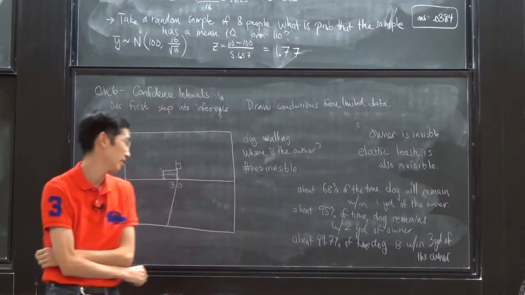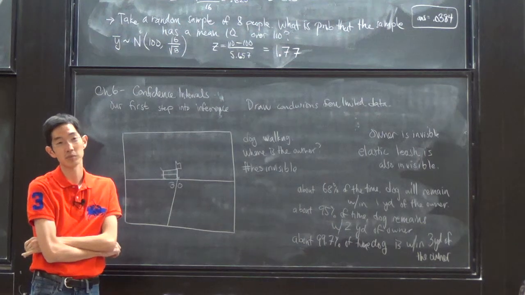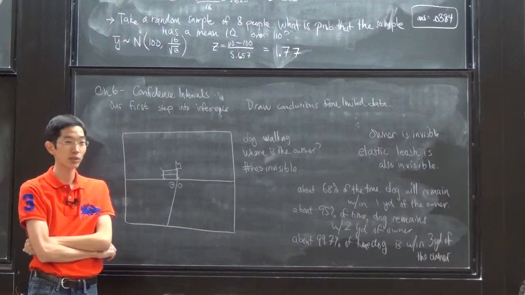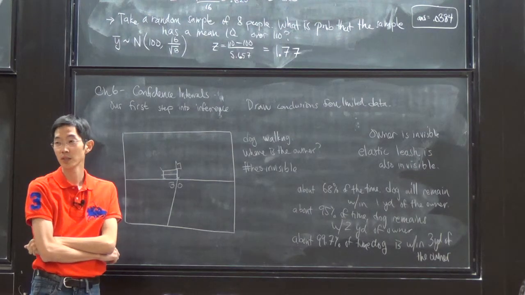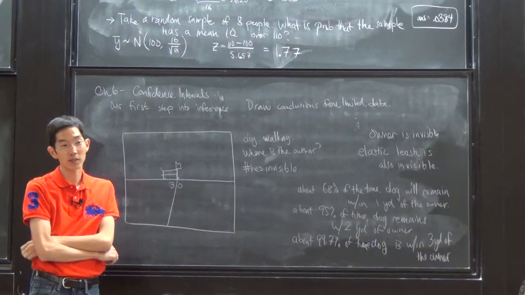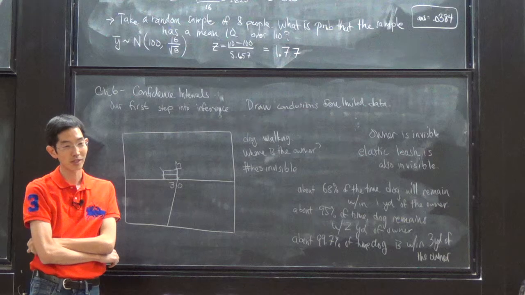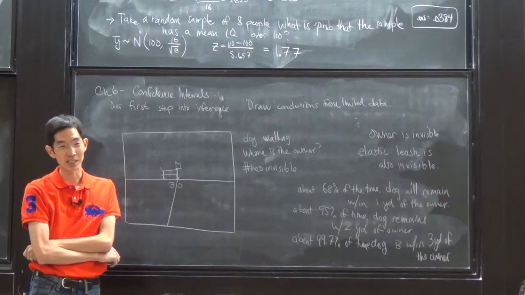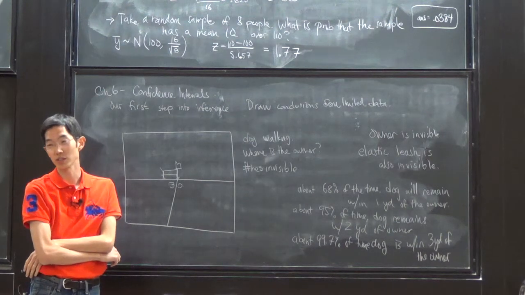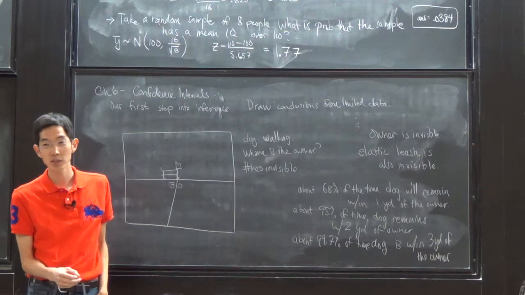Okay? And the dog remains within 2 yards of the owner 95% of the time. And the dog remains within 3 yards of the owner 99.7% of the time. But it's also possible for the dog to be farther than 3 yards away from the owner if the dog is really ambitious and wants to really investigate something. But most of the time, he's within 2 yards of the owner. Okay? Actually, most of the time, he's within 1 yard of the owner.